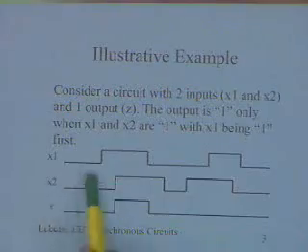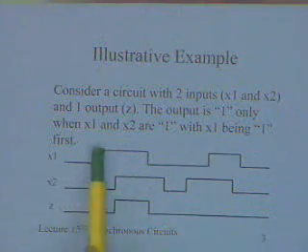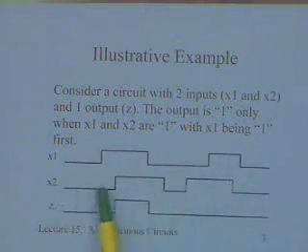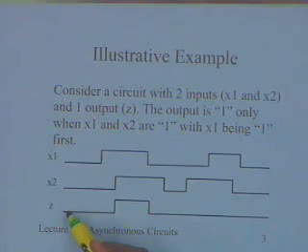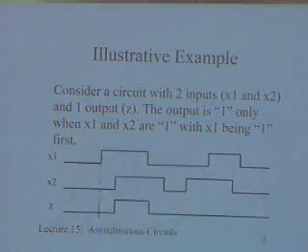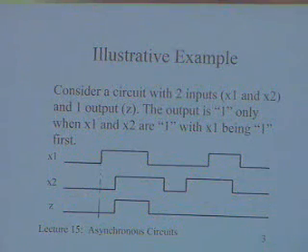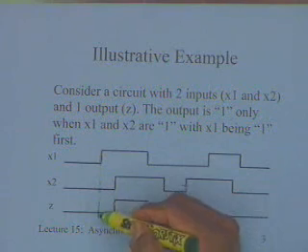Okay, so now I have my input changes. What I have is x1 and x2. x1 has a waveform like this, x2 has a waveform like this. Now if I look at z, z is going to be 0 when x1 and x2 are 0. There is no question about it. When x1 goes 1 and x2 remains 0, z is 0.